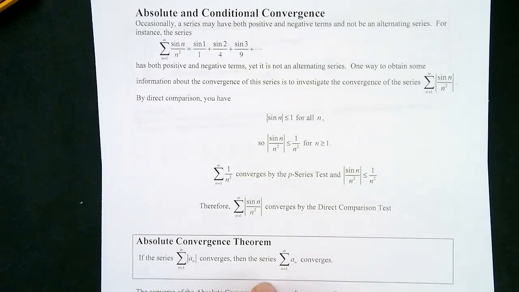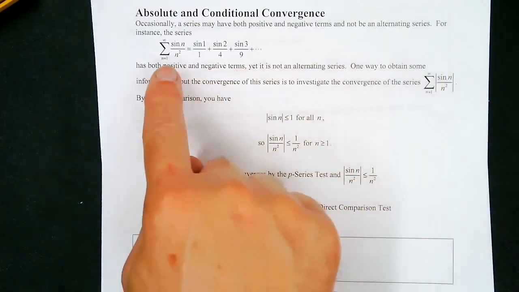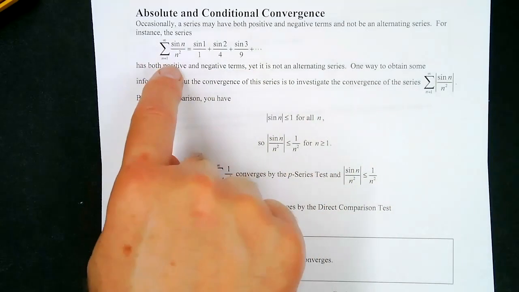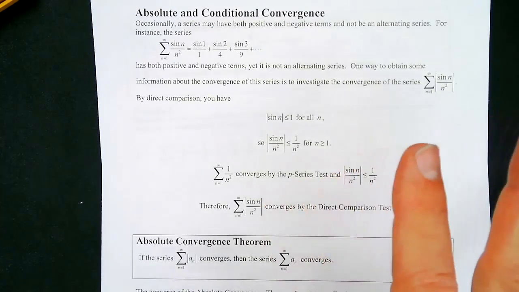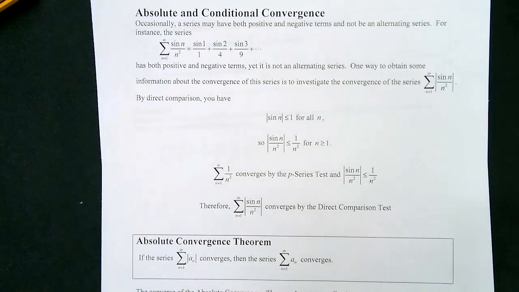And so using this theorem, we know back up here, n equals 1 to infinity, sine n over n squared, that one has to converge also by this theorem, okay? So if the absolute value one converges, then the basic one converges too. That's a way in which we can show that something that has positive and negative terms, but they're not alternating, is in fact going to converge, okay?